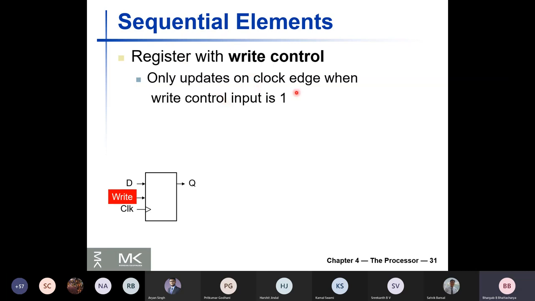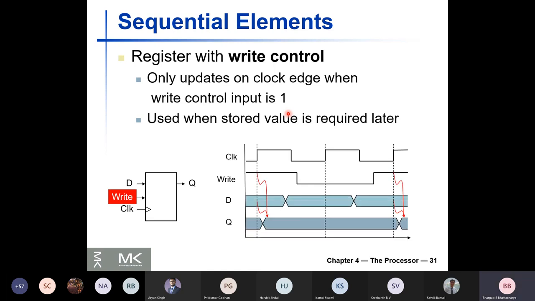The update is done only when the clock edge is controlled and the control input is 1, and the clock experiences a transition from 0 to 1. So therefore, you have this D signal and the Q signal. This is the clock signal. You need two conditions to be satisfied. The clock should go from 0 to 1. At the same time, the write signal should be enabled.